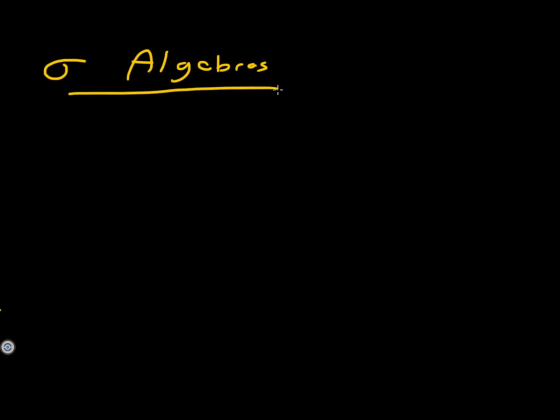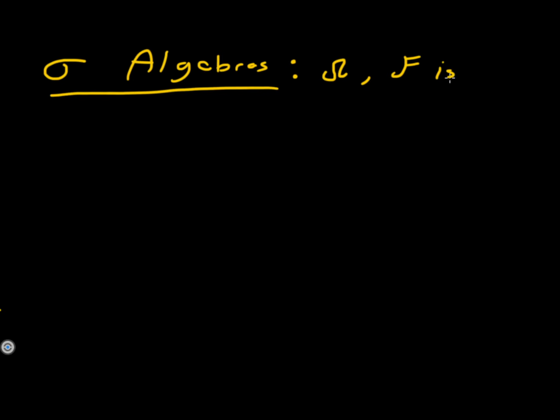What are sigma algebras? Sigma algebras are a sort of topology similar to semi-algebras or that sort of thing. But to define sigma algebras, let's say we have a set given to us, omega. The sigma algebra associated with this set, let's call it F, is a collection of subsets that apply to three conditions.